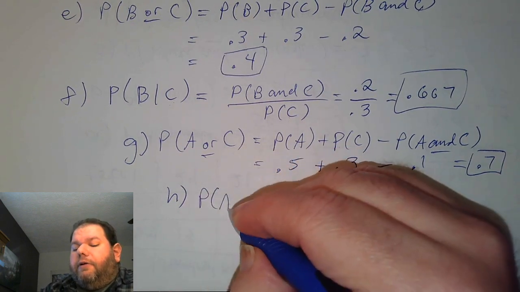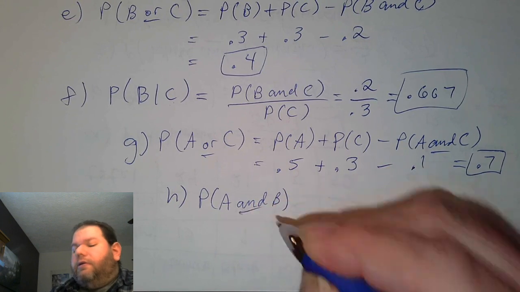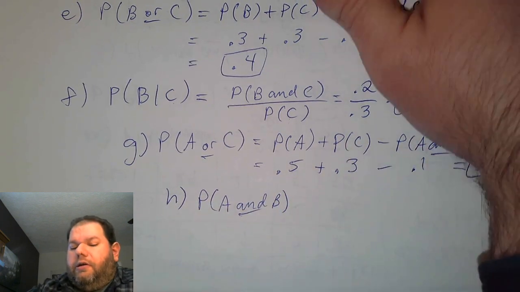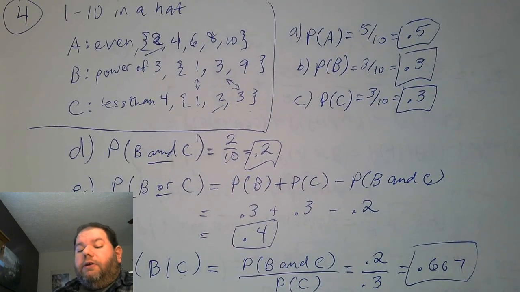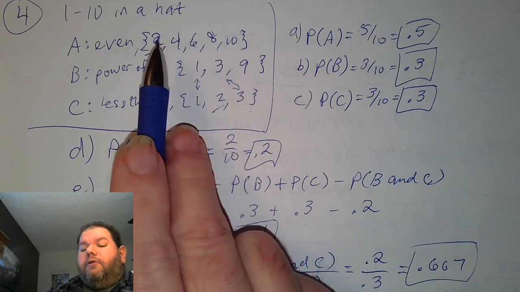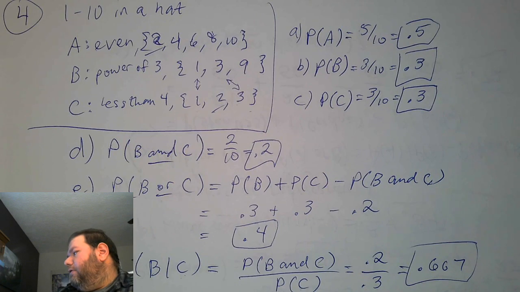Alright, last we have H, which is probability of A and B. Now again, this is just the intersection of those two events, so A and B. Do A and B have any numbers in common? 2, 4, 6, 8, 10, 1, 3, 9. No, they do not.